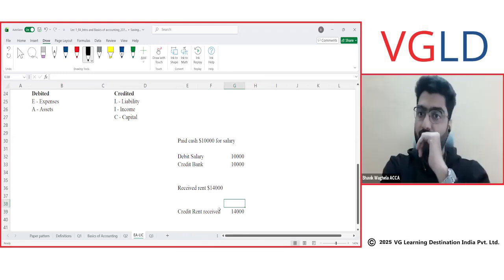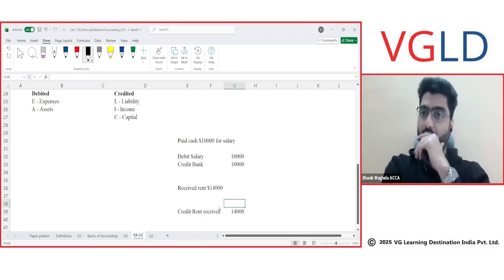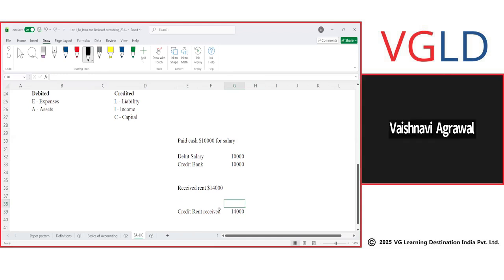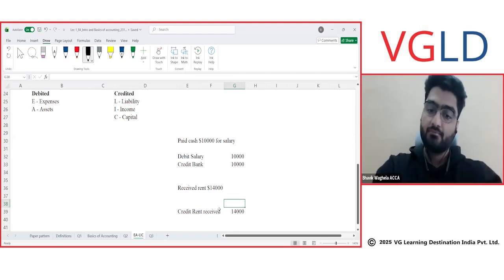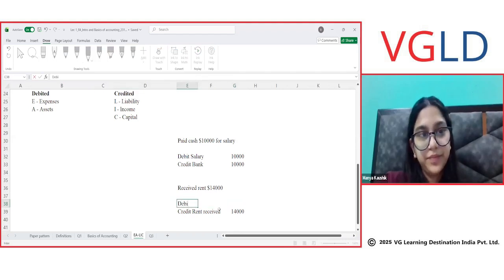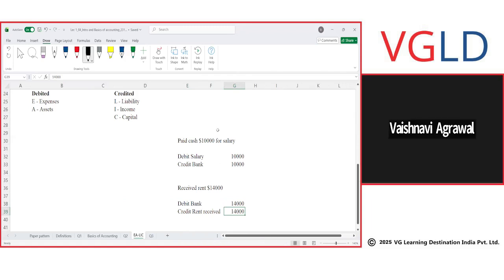Can I say you have received rent, which means your cash balance or the bank balance has increased? Yes, sir. So will you debit bank or credit bank? Debit the bank. Understood? Yes, sir.